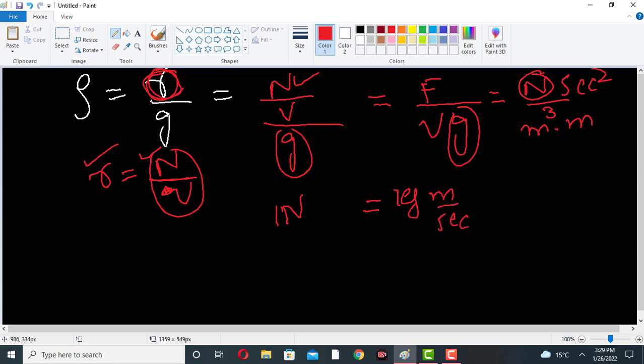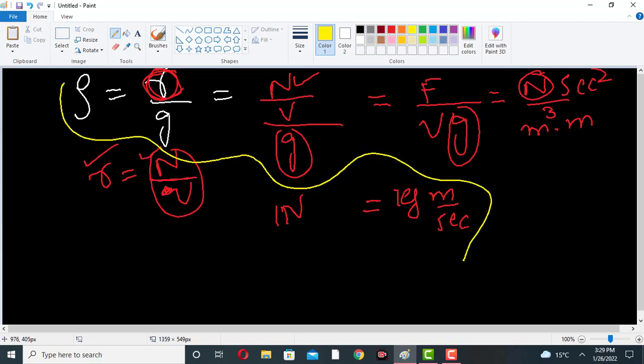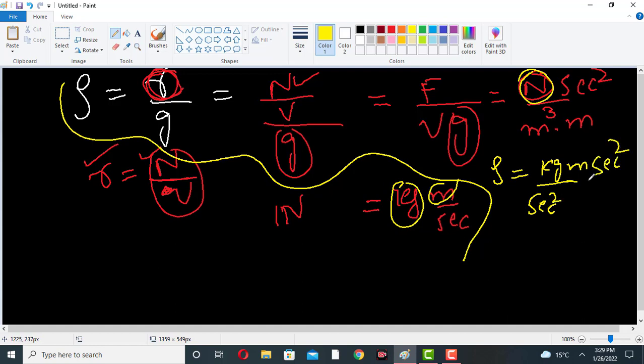So this density relation can also be written with 1 Newton equal to 1 kilogram meter per second square. This is the second square, and this is the meter cube.